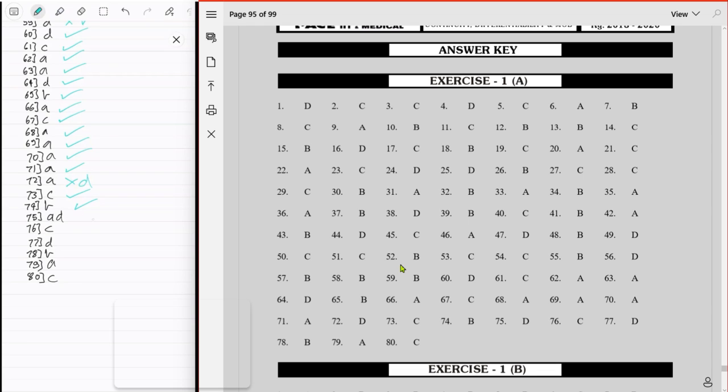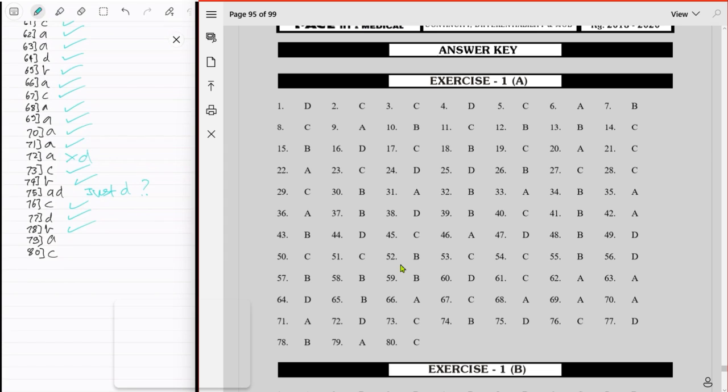So D is correct apparently, and A is incorrect. Huh. Okay. 76. 76 is C, then D, then B, then 79 is A and C. Okay, fine.